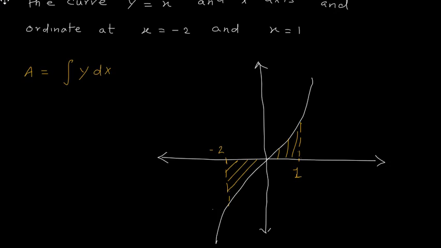So y1 minus y2 dx. Now this y1, y2 both are the same curves, only for this part we have to add and for this part we have to subtract. So we can say that both are same, only the limits are different.